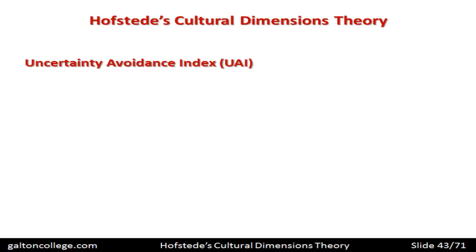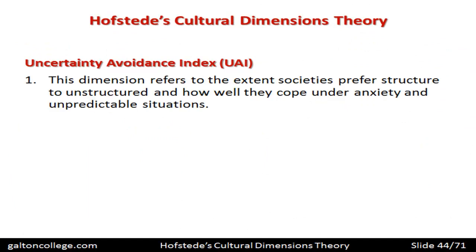Now next, uncertainty avoidance index. This dimension refers to the extent societies prefer structure to unstructured, and how well they cope under anxiety and unpredictable situations.